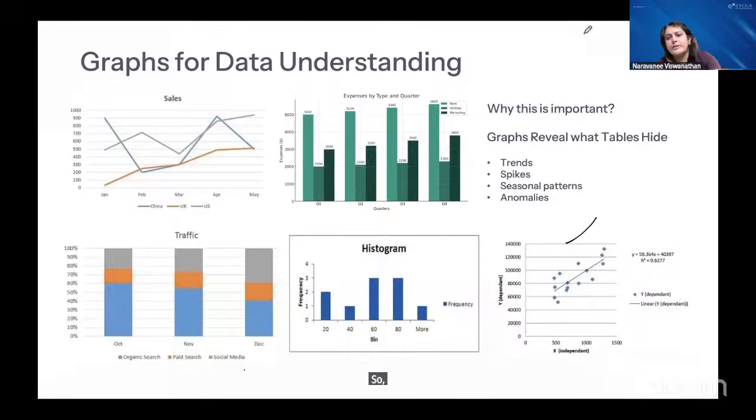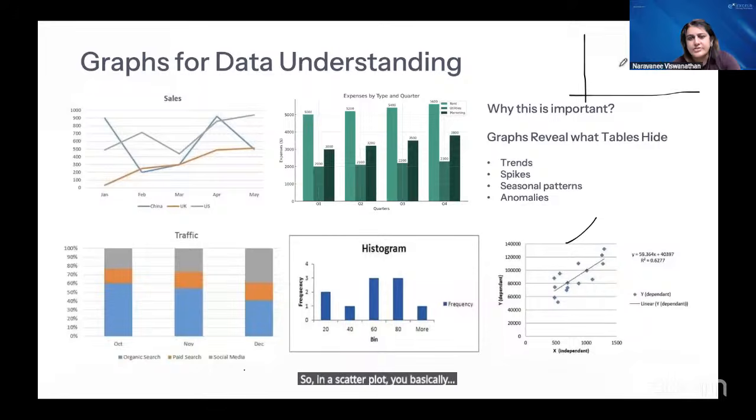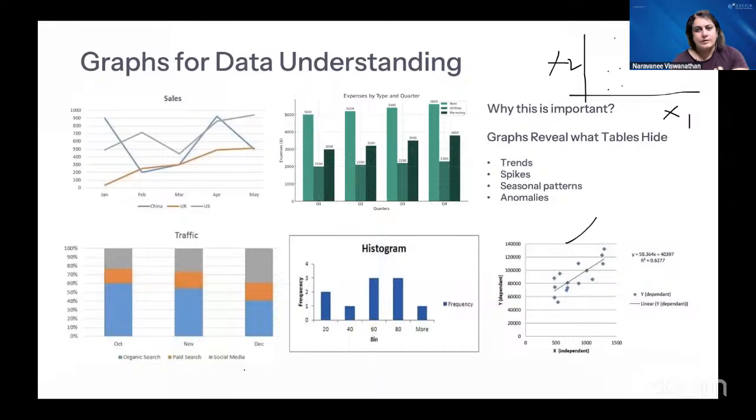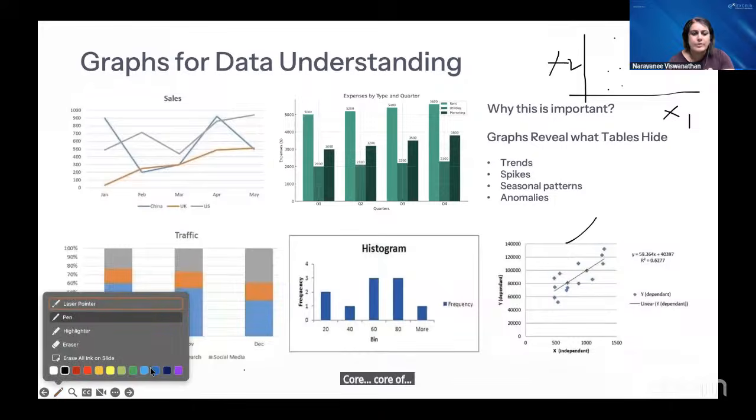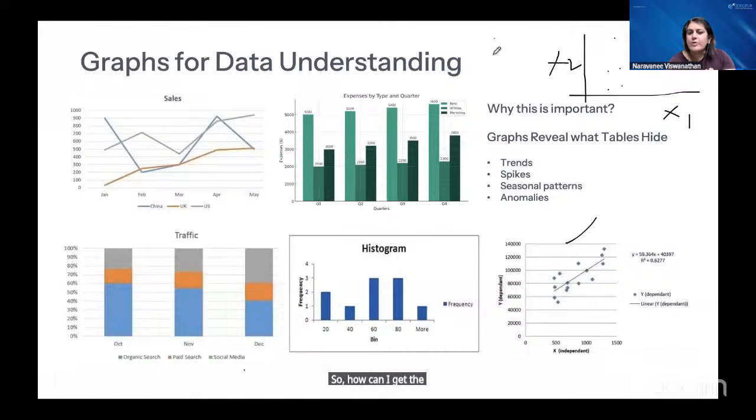So in a scatter plot, you basically are just trying to put the data or the relationship between any two data points. So you will basically plot the data between these two points. This is called a scatter plot. And the value of this you can get by using the formula CORREL. So how can I get the relationship, how much it is?